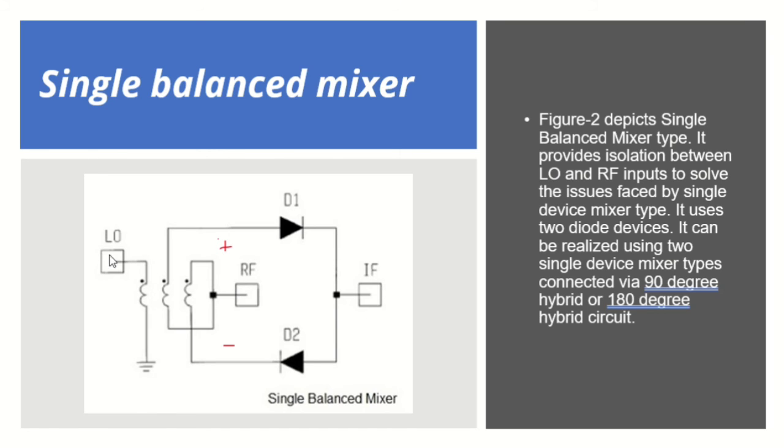And then if the LO is at the negative side, because it is a sine wave for example, at the negative side, this polarity will be reversed. So this other diode will function, and it will give another signal to the IF. So that's how the RF mixer does the mixing, or the multiplication process that happens inside this mixer.